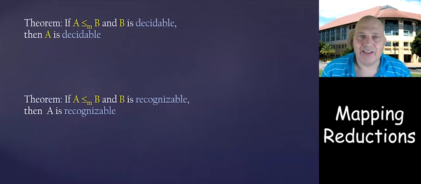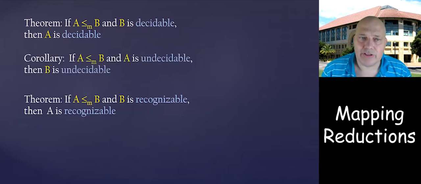If you have a reduction, you can deduce the decidability of A or the recognizability of A from those of B. The corollaries, the counter-positive, are that if A is mapping reducible to B and A is undecidable, then B is undecidable, because if B was decidable, then A would be decidable.